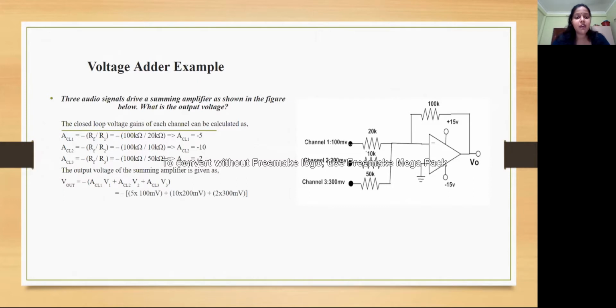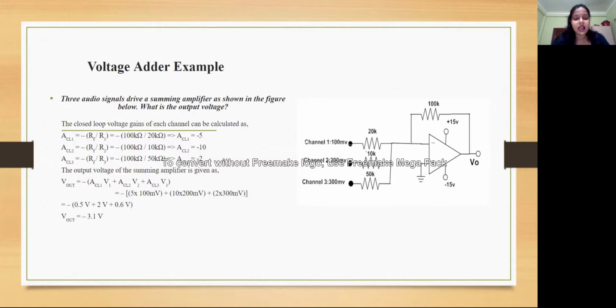Putting in the values of all the gains and voltages, the output becomes minus 3.1 volt.